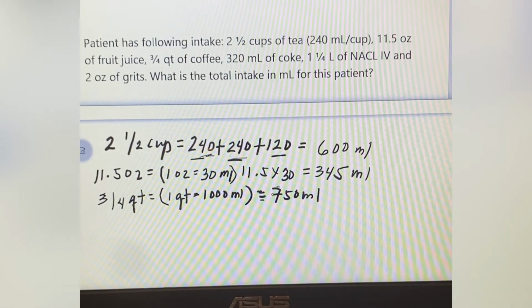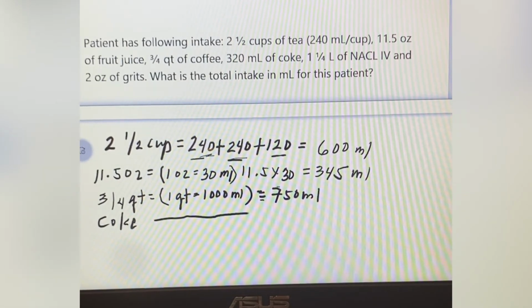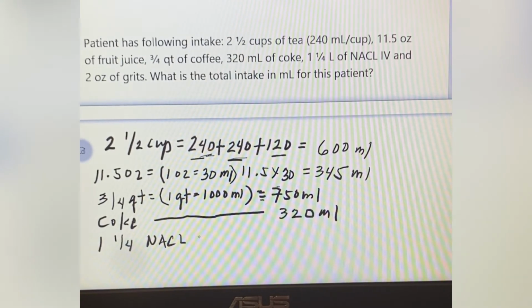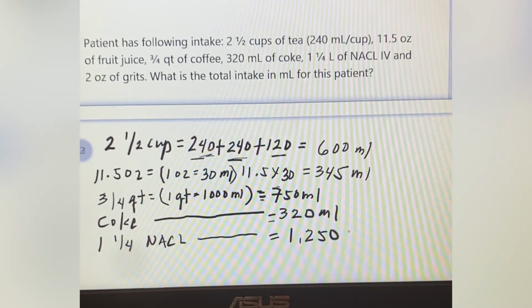Then the other one is Coke. Coke is 320 ml. It's already given in ml. And then 1 1/4 of normal saline. How much is that? It is 1,250 ml.